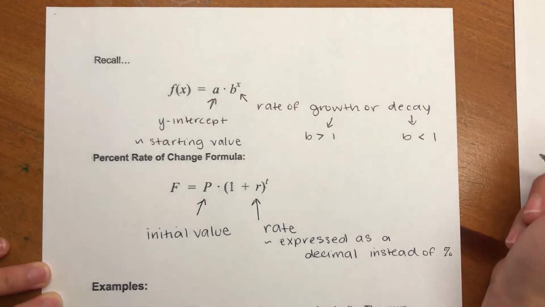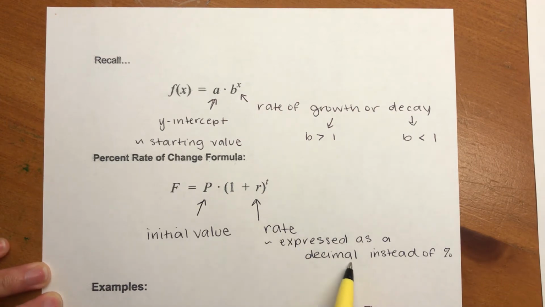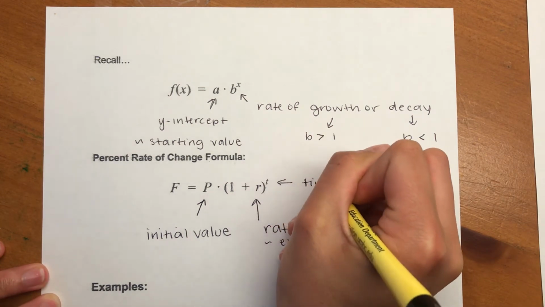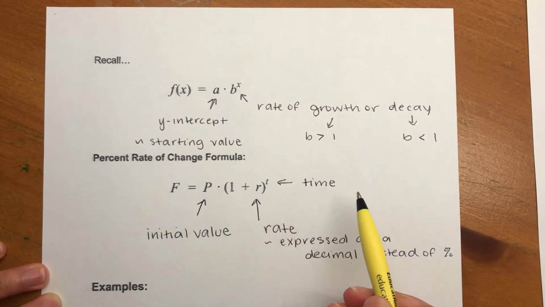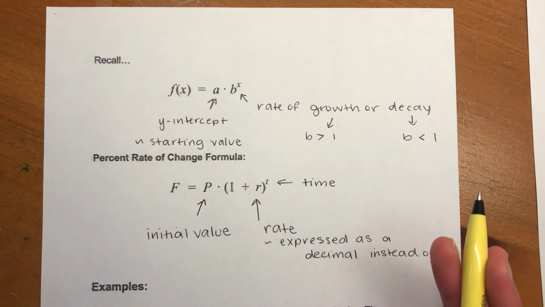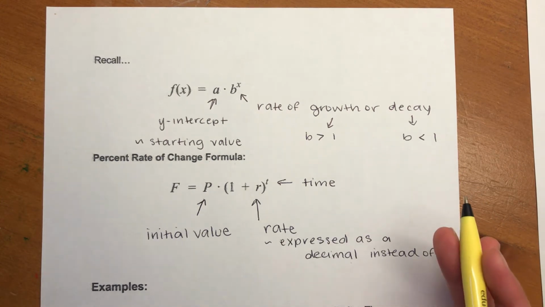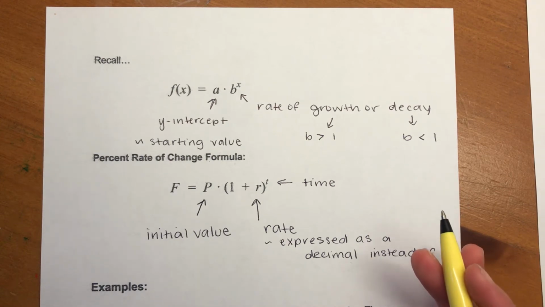So I'll give you some examples in a minute, but we'll be computing percentages into decimals, just like we did in the do now. And finally, T is going to be time. So T could be months, hours, years, any unit of time, and it'll specify in each problem. Okay, so the objective today is just to be able to define the parts of this formula.